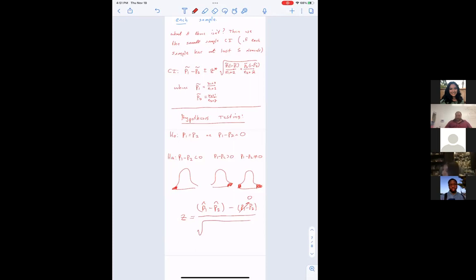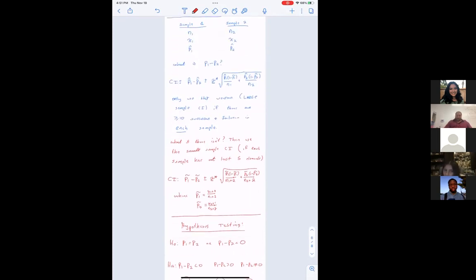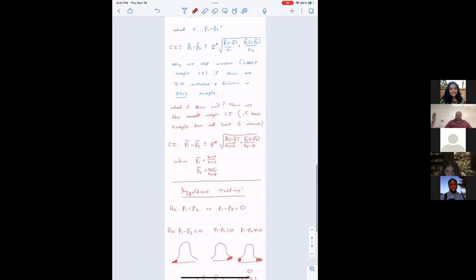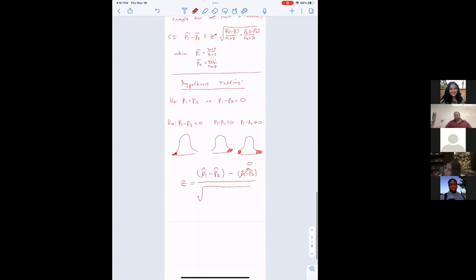In the confidence interval we have P1 hat and P2 hat, and they're different. But if we assume the null hypothesis is true, then P1 and P2 are the same, and we want to use that. We do that by combining them together, again not worrying about the details. It's just a matter of memorizing or writing it down and using it. We use p hat times 1 minus p hat times 1 over n1 plus 1 over n2. Where p hat is equal to what?